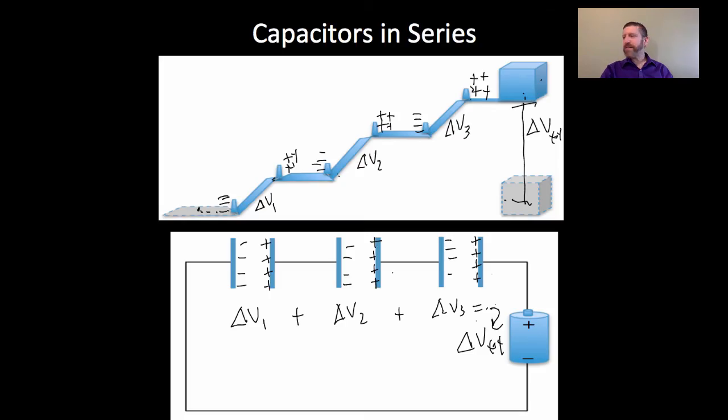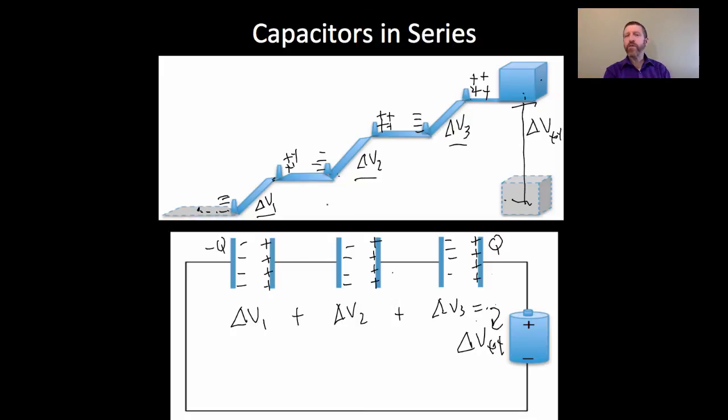The more capacitors we have in series, the more the voltage difference is broken up into smaller pieces. In other words, the more capacitors I have here, the more of these little hills there would be. There'd be more of them. So each capacitor gets a smaller voltage difference associated with it.